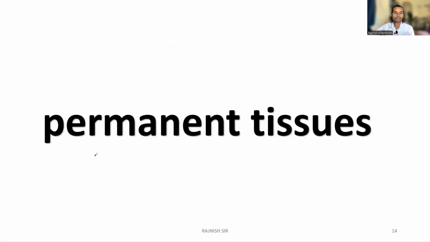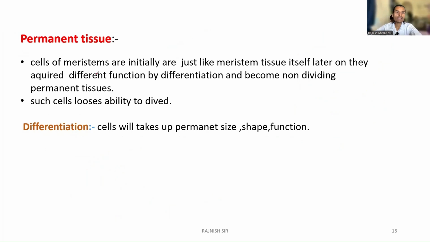Next is permanent tissue. Let's directly move to the tissue. Permanent tissues. Here, cells of meristems are initially just like meristematic tissue. Means initially, meristematic tissues are growing up. They are doing cell division and continuously adding new cells.